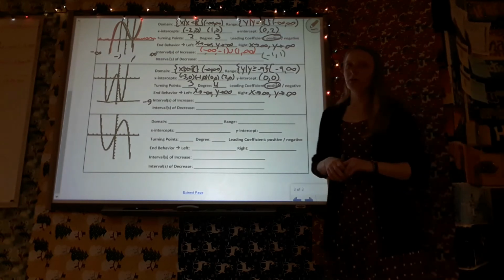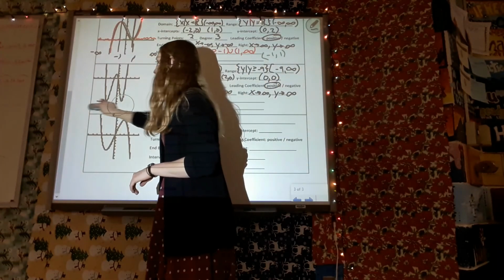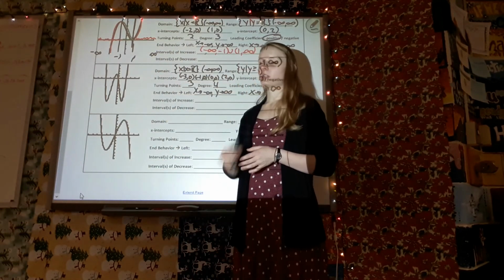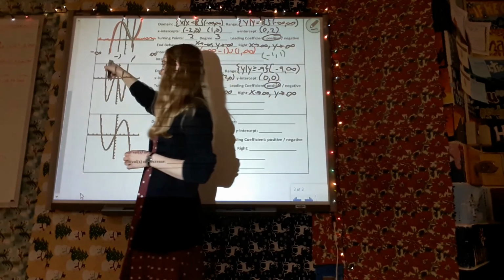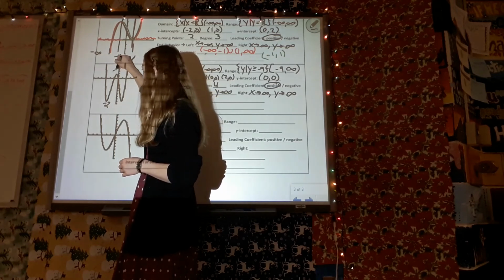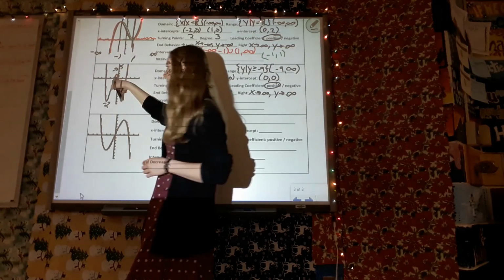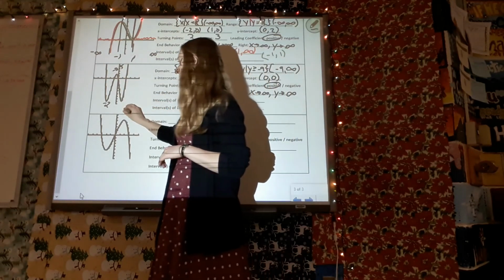Alright, now we're going to do our increase, decrease, just like we've done before. This picture is a little bit crowded, so I'm not going to draw the vertical lines. I'm just going to write the numbers at the turning points. So this one right here, that line is at negative 2. This one is at, unfortunately, it is a decimal. So that one right there is approximately negative 0.5. This one is at 1.